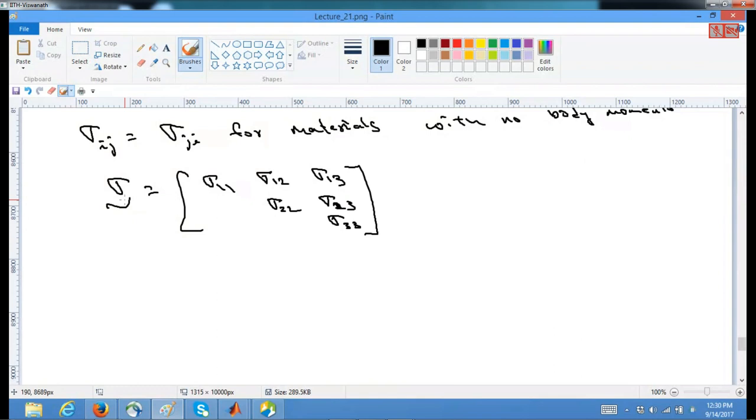Now, so now we had the strain relationship with displacement.